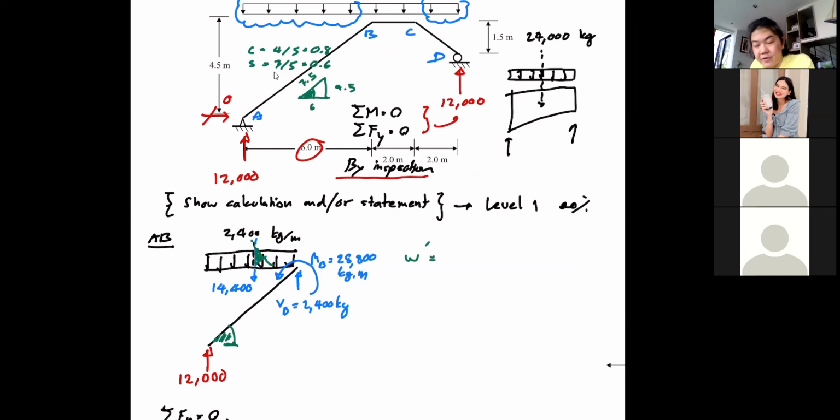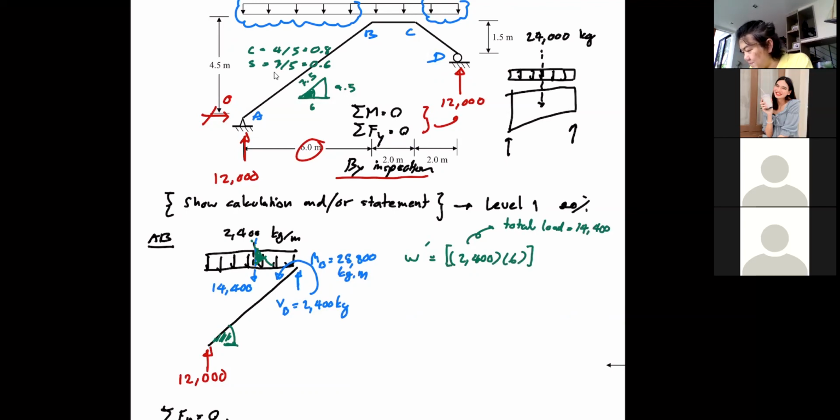Let's say if I'm going to be thorough with my calculation, 2400 multiplied by 6, that's a total load, and then this is the total load, okay? Which is 14400 kilogram force, okay?